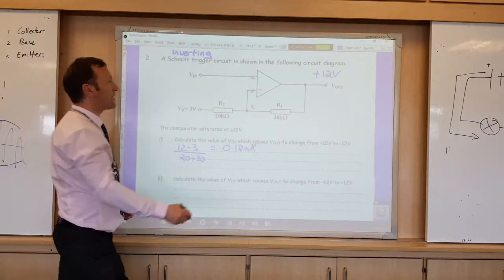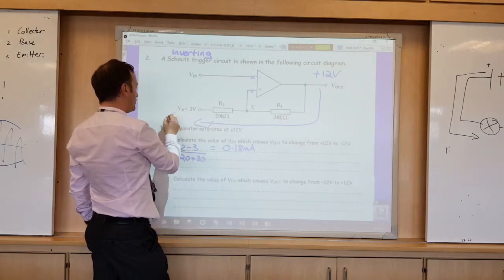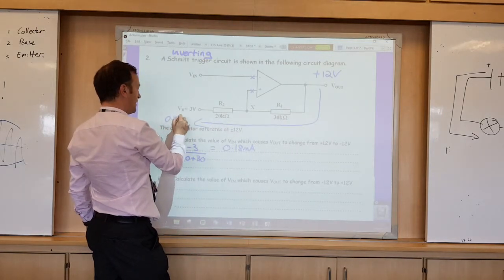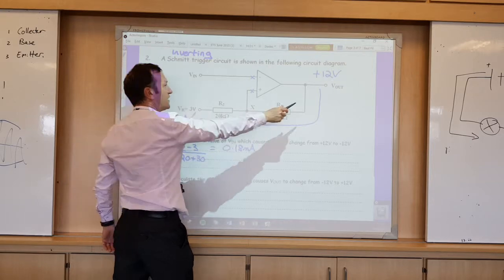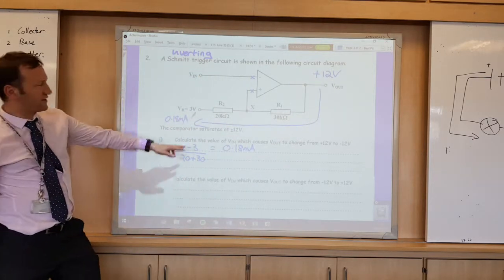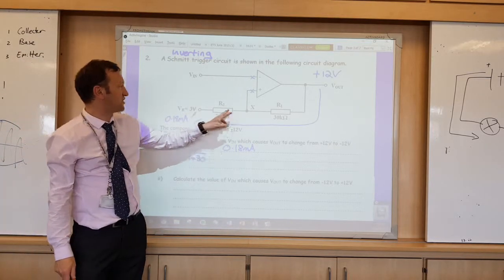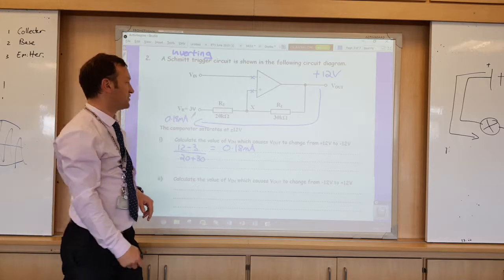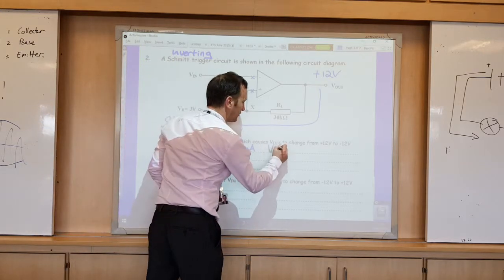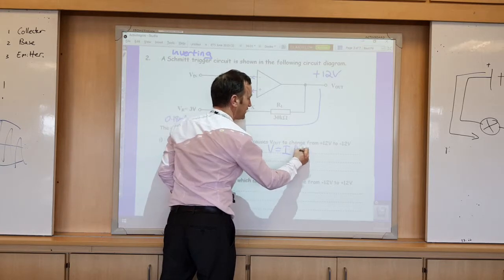So now we've got 0.18 milliamps flowing this way from plus 12 down to 3 volts there. None of it is going into X. If we want to work out the voltage across R2, we can just do V equals the current multiplied by the value of R2.